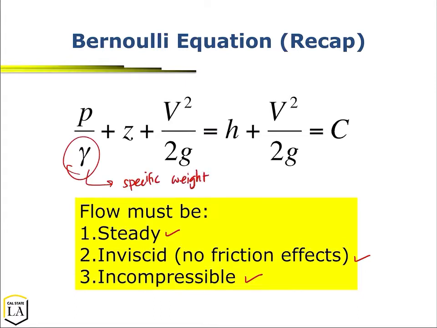Well, actually, it means that your density is constant, but your specific weight is just density multiplied by gravity. But if you have incompressible flow, then your density is constant as you're moving from one end to the other. And that's really important when applying the Bernoulli equation, okay?